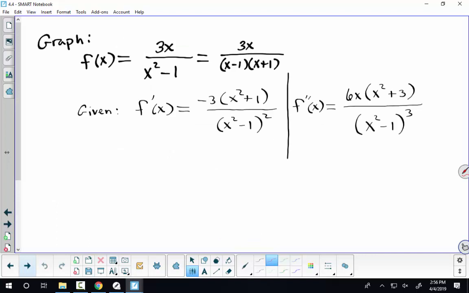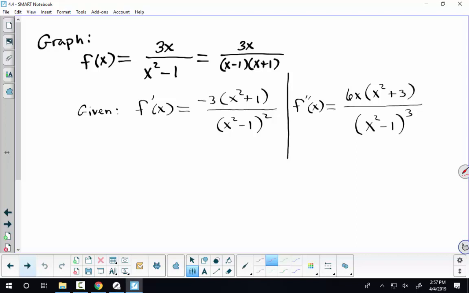This will be similar to an exam question as far as graphing, because if you follow the guidelines in the textbook, there are a lot of things they want you to find. And so these problems are very lengthy if we're going through this by hand. So on the exam, if I say graph this function, state the intervals of increasing, decreasing, local min, max, concavity, etc., I'll give you the function and I'll give you the first and second derivatives.